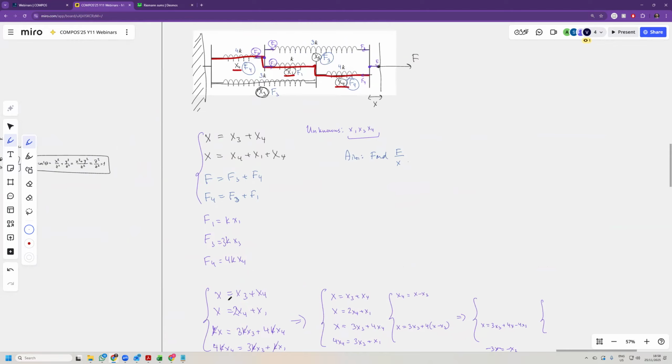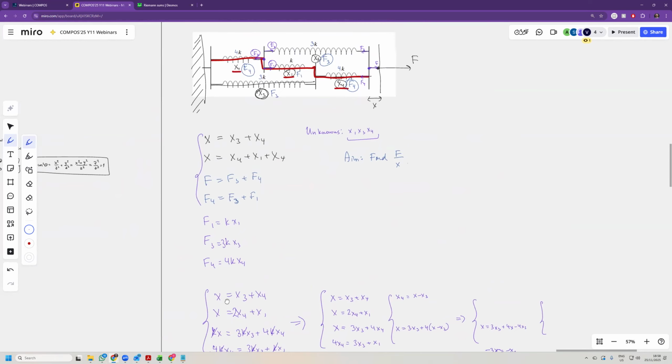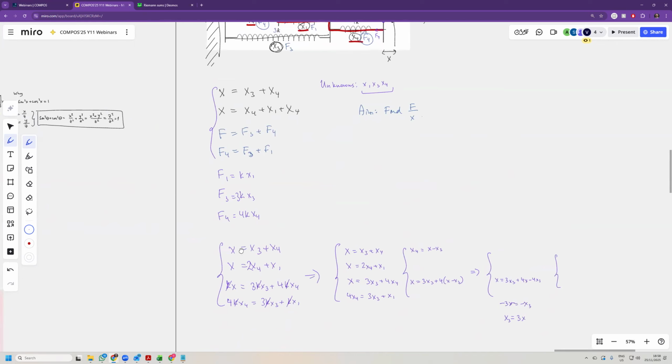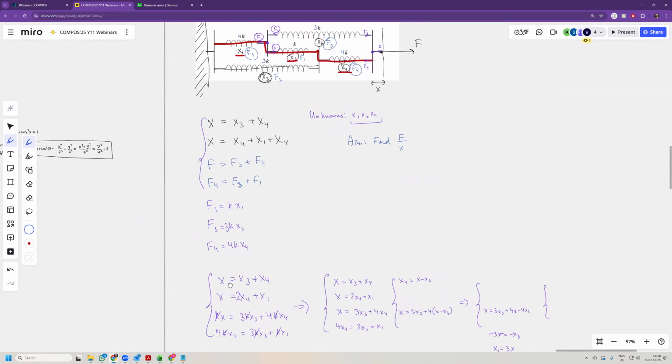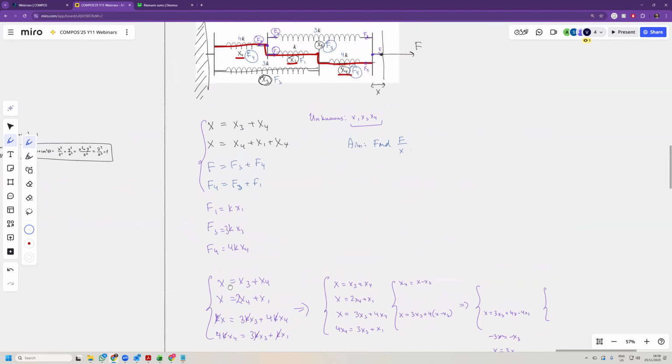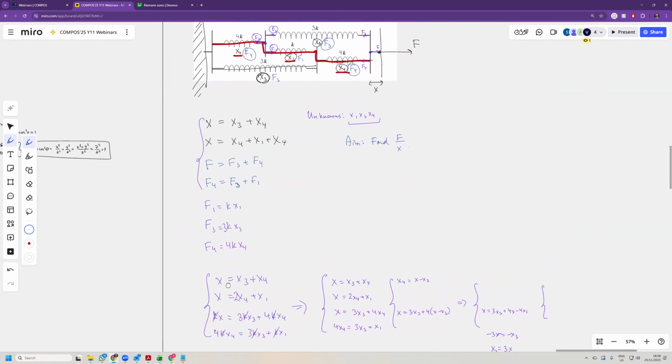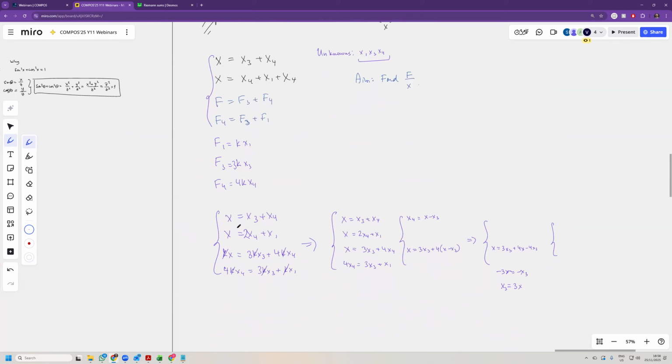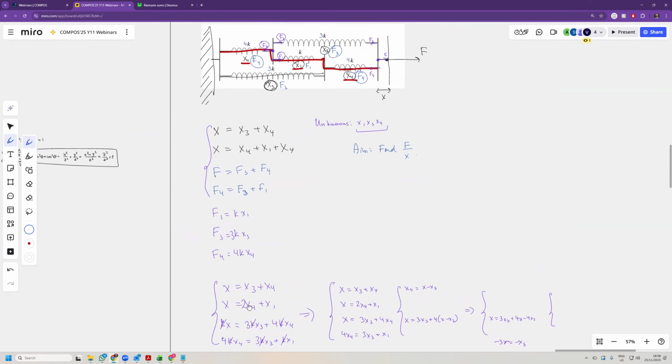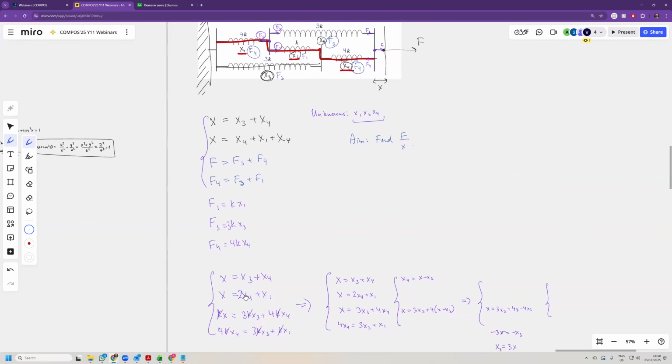Okay, let's double check. So the first, x3 plus x4 is x. 2x4 plus x1 is x.